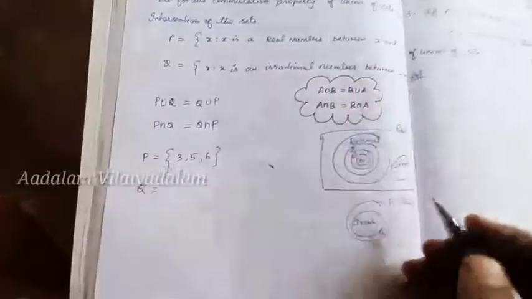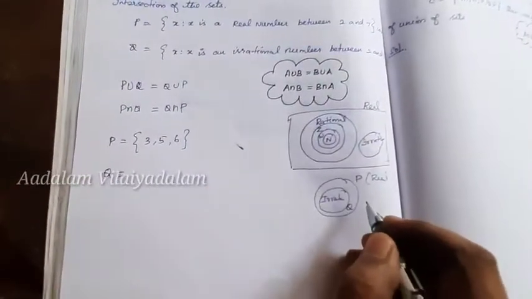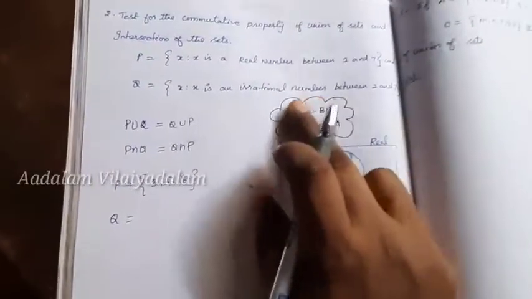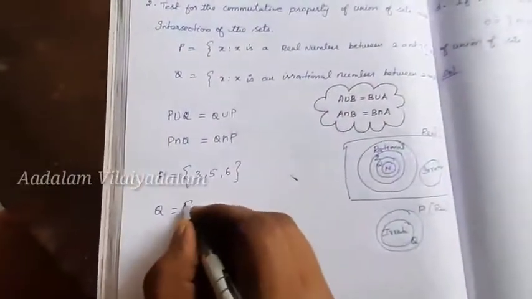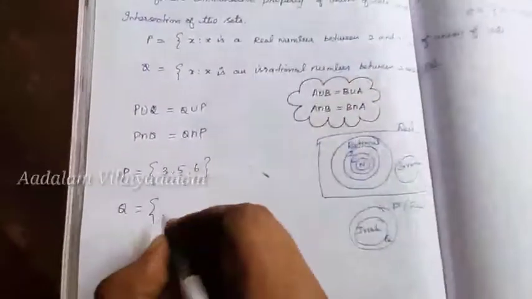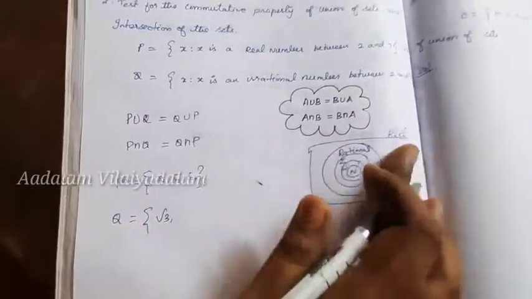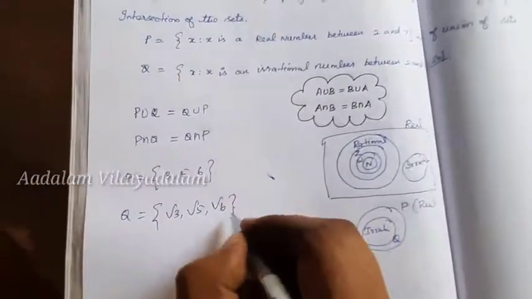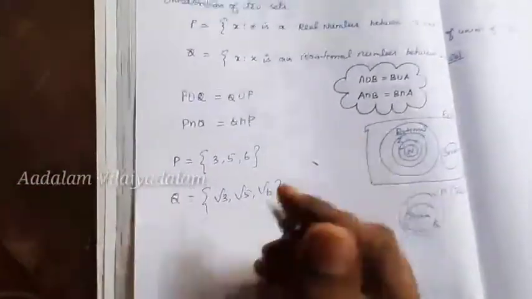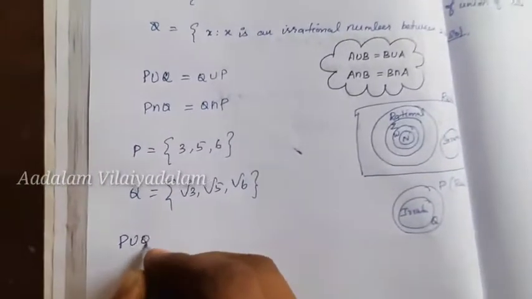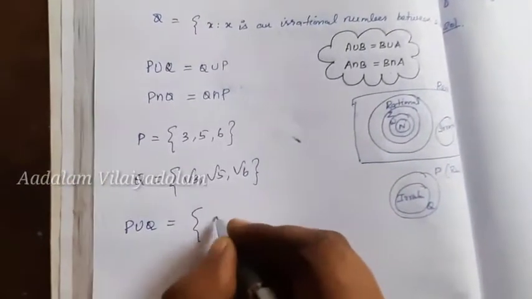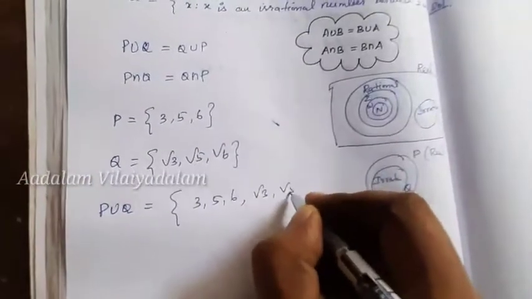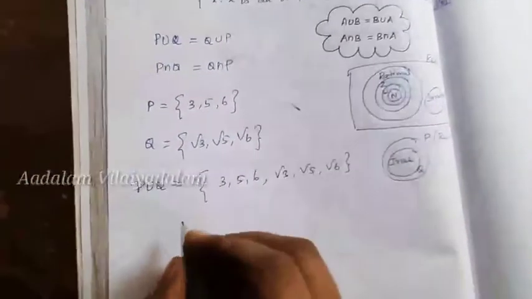An irrational number cannot be defined as a ratio of integers, so between 2 and 7 we can express root 3, root 5 and root 6.